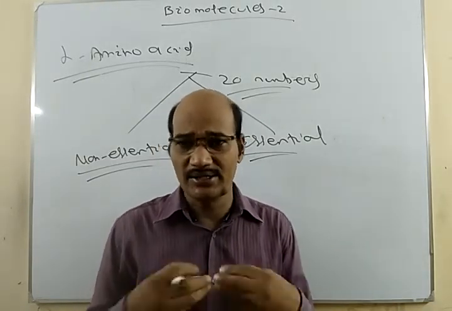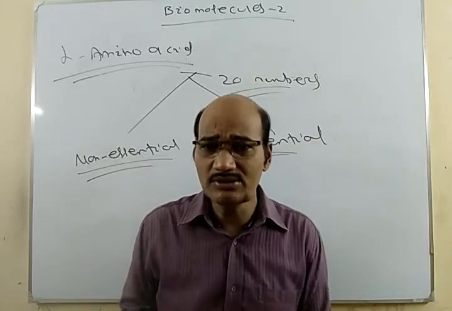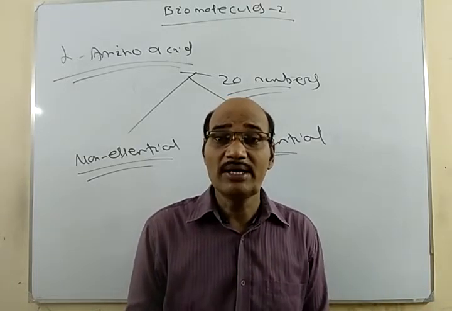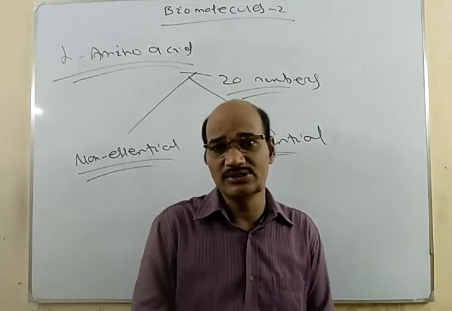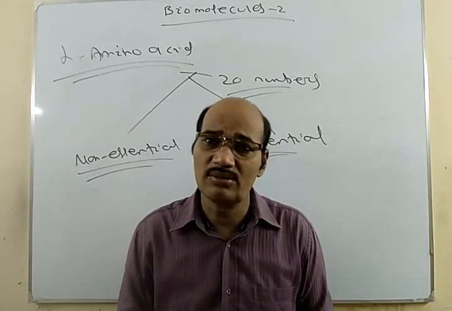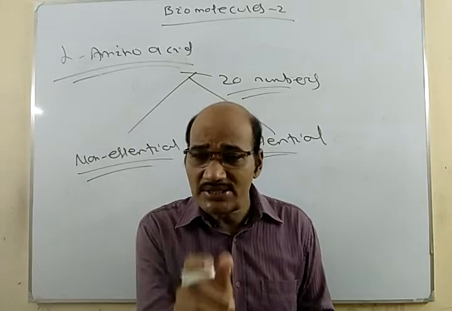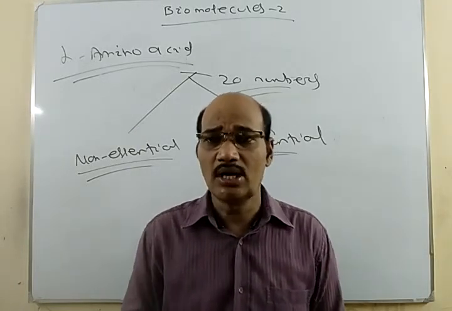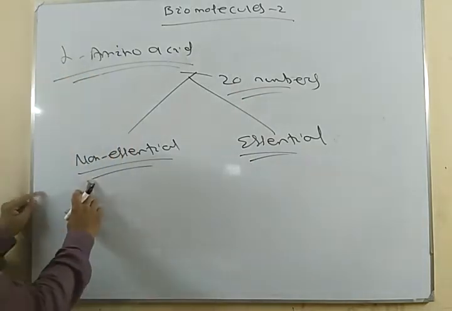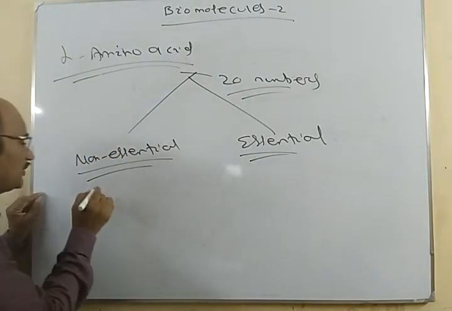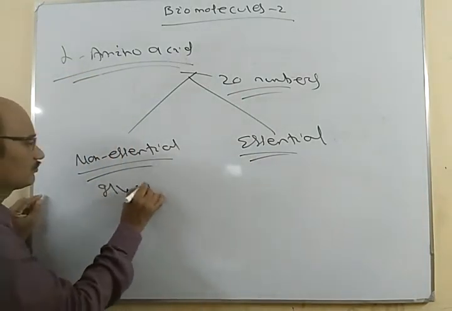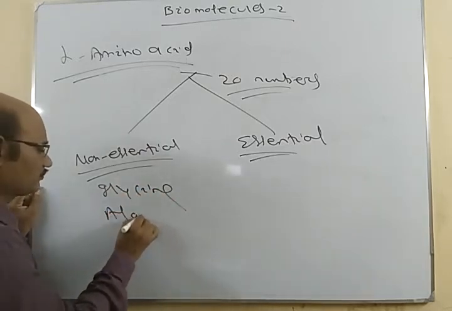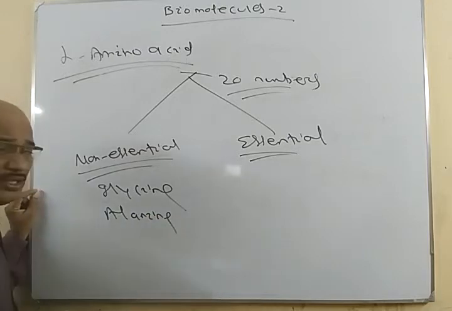The alpha amino acids which the tissues synthesize are called non-essential amino acids, like glycine, alanine.